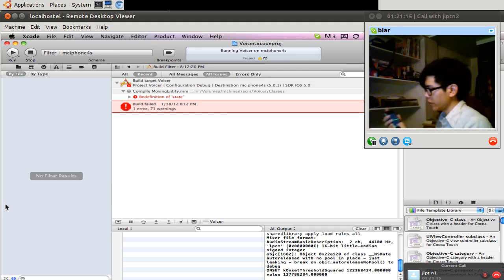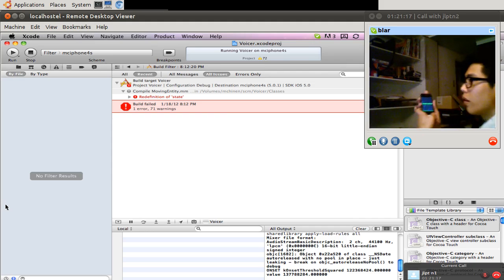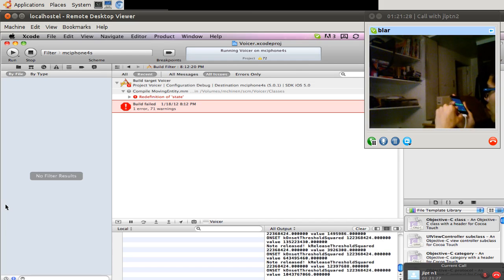Should I show this to you or not? Well, collision detection is working. I'll just add a bunch of objects like that. Oh, I'm touching the mic. It's probably really loud.